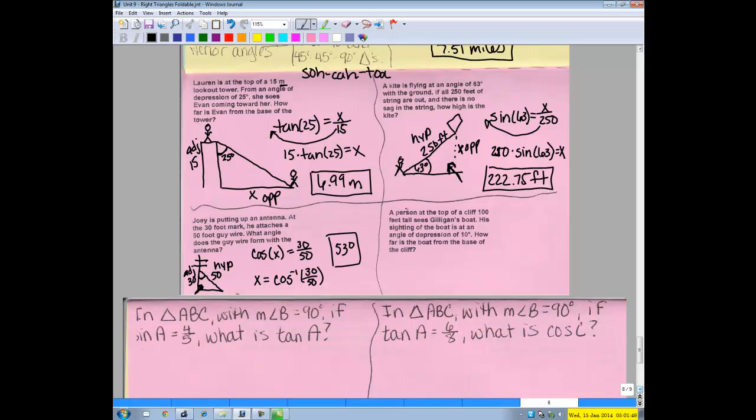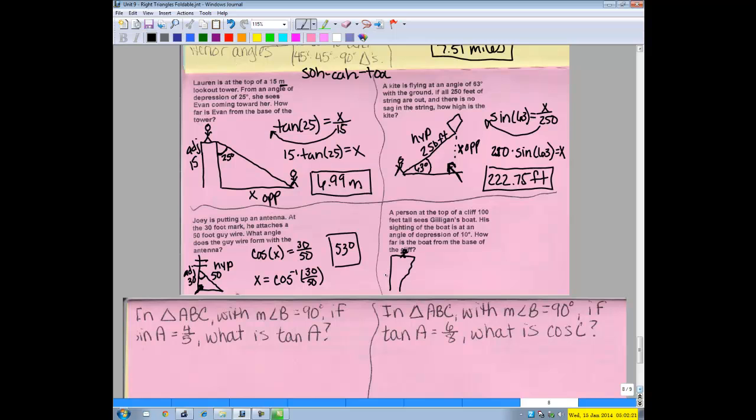The last one, a person at the top of a cliff, 100 feet tall, I'm assuming the cliff and not the person is 100 feet tall, sees Gilligan's boat. His sight of the boat is at an angle of depression of 10 degrees. How far is the boat from the base of the cliff? So there's a cliff, base. A person's up here.